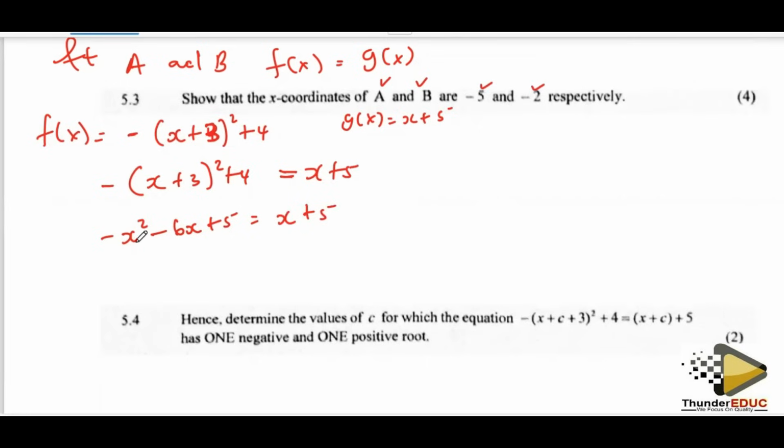Create a standard form. That's going to be -x², and this and that give -7x, plus 0 is equal to 0.